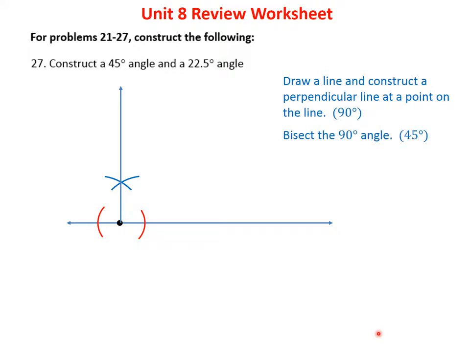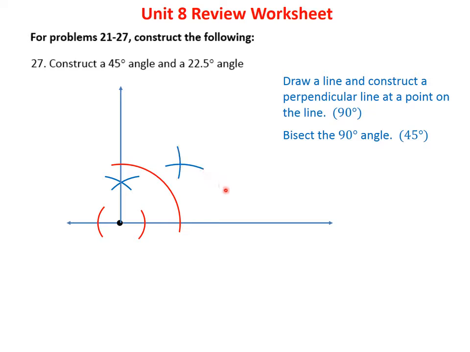So to construct a 45-degree angle, our next step is to bisect that angle. So we're going to open our compass, and we're going to draw an arc across this angle to just show where the angle is. Now on this one, you can use the same compass setting. You don't have to, but you're going to go to one of the sides here and reach out and draw an arc that direction.